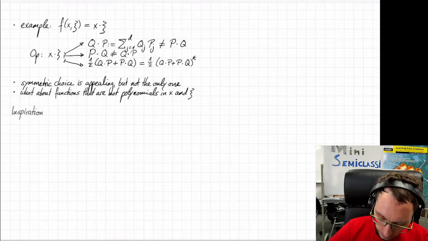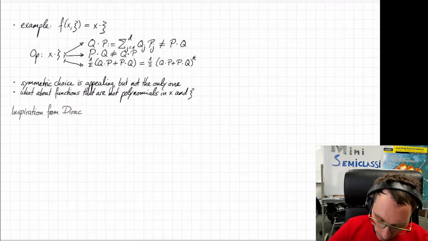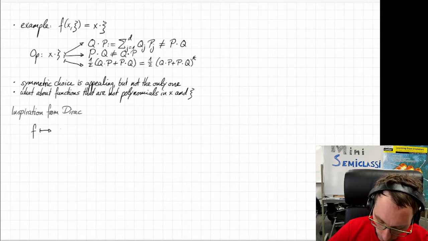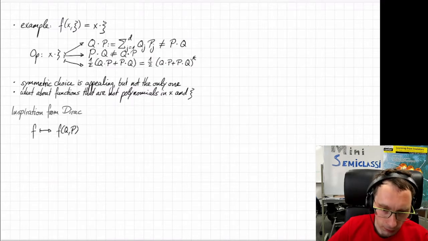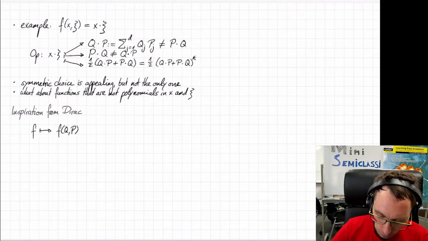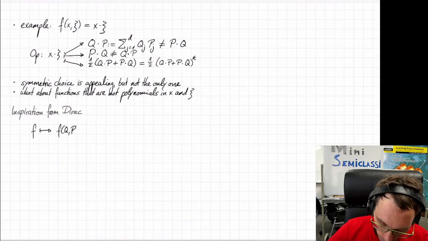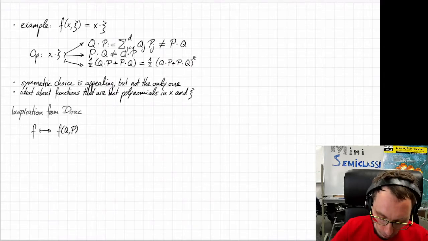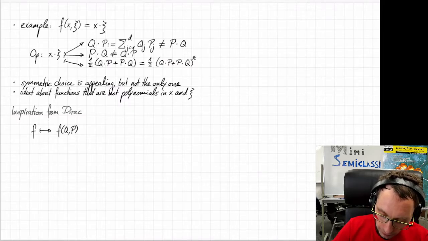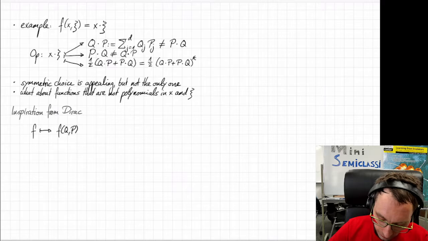If you look at the literature, for example, the book by Dirac, what he does is he writes f is mapped onto f of q and p. But he doesn't really explain how to solve the quote-unquote operator ordering problem. But what we can do is we can just think a little bit with the knowledge that has since been developed.